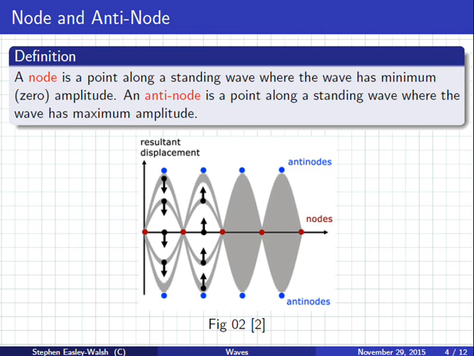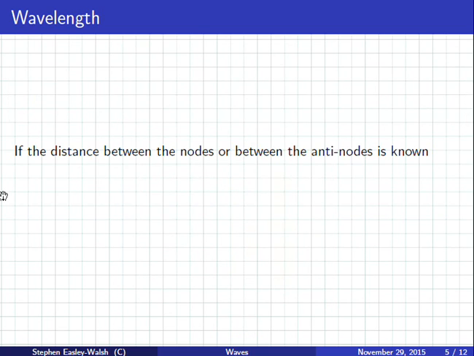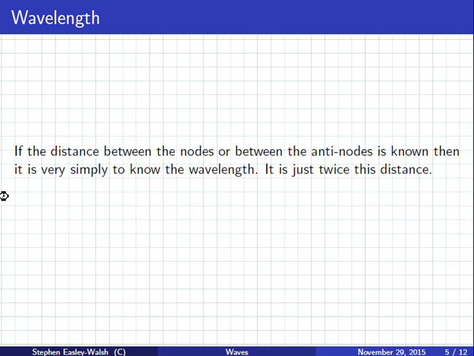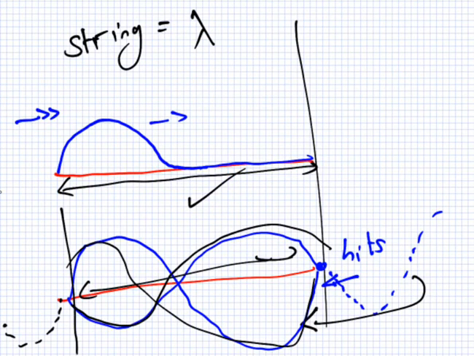These points, this one and this one, this one and this one, these are called the antinodes. So the node is the place where it is minimum, and the antinode is the place where it is maximum. So these are the antinodes, and then here at the minimum places are the nodes. Please make note of this vocabulary, nodes and antinodes.